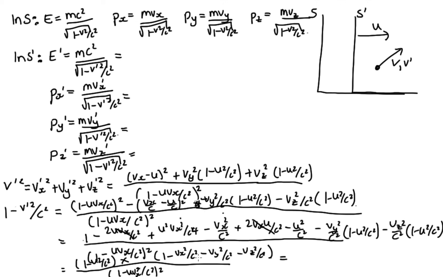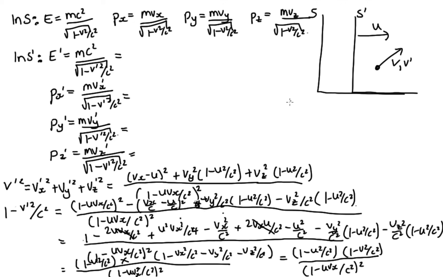And then minus vx squared minus vy squared minus vz squared. Well, that's just minus v squared. So we've got 1 minus u squared on c squared, 1 minus v squared on c squared, over 1 minus u vx on c squared, all squared, and that's what this thing is.